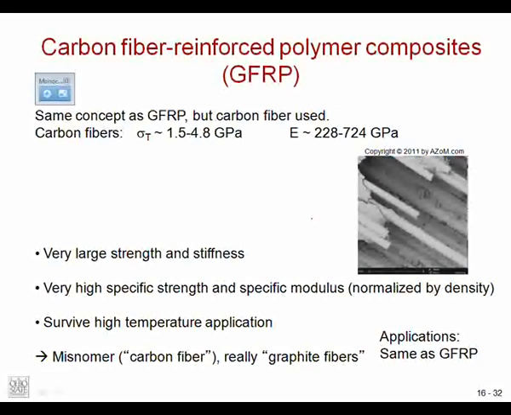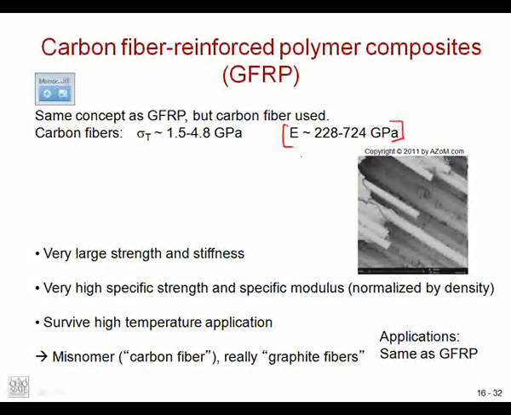The carbon fiber reinforced are much stronger. So if you look at the difference in the modulus here, that's an incredibly high modulus. Again, because the carbon-carbon bond is the strongest bond that we have.